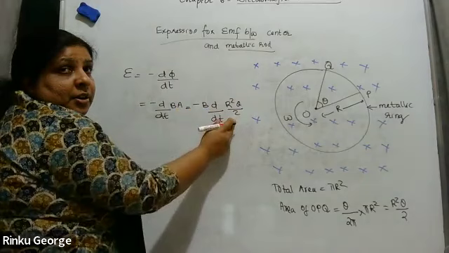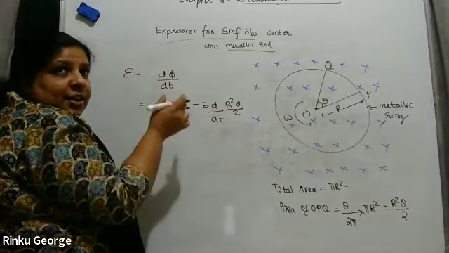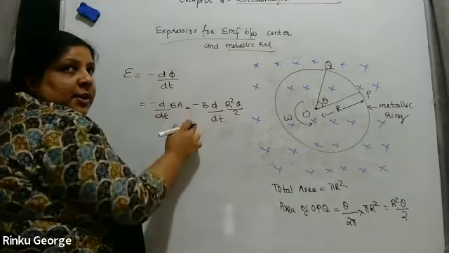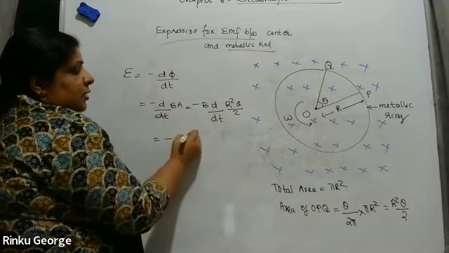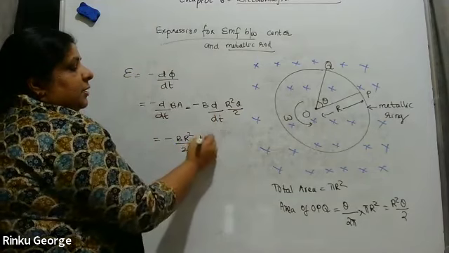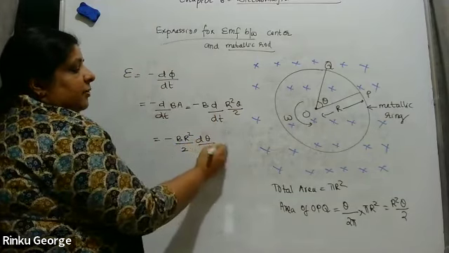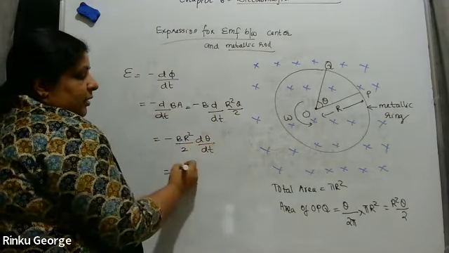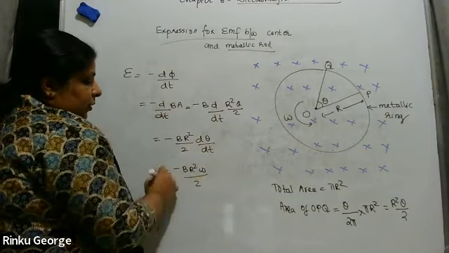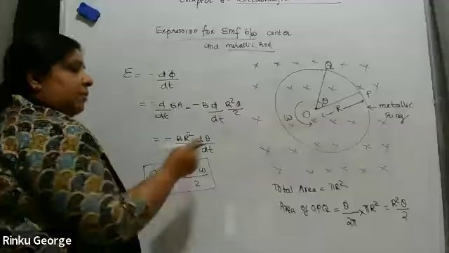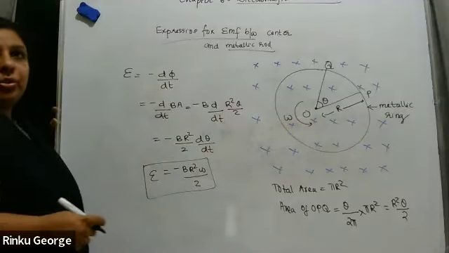R square is constant, it is the radius of the rod, and 2 also I will take outside. Only theta is changing. So minus B r square by 2 into d theta by dt. What is d theta by dt? Omega. So minus B r square omega by 2 will be the expression for induced EMF in case of a rotating rod.